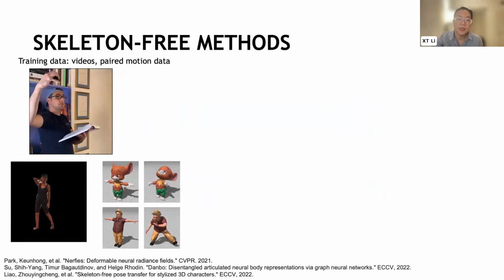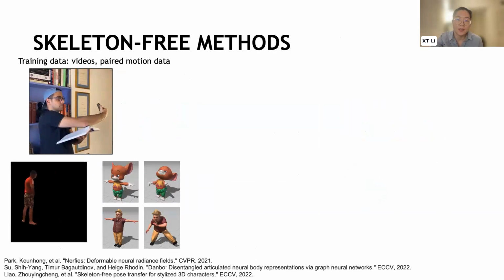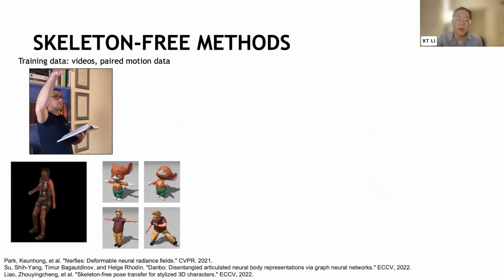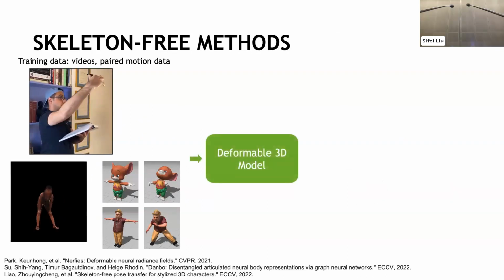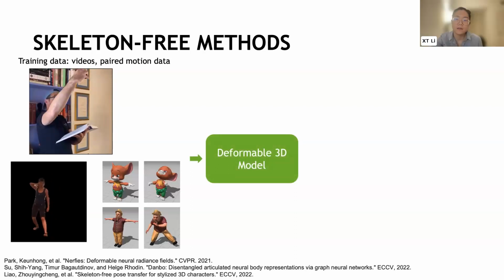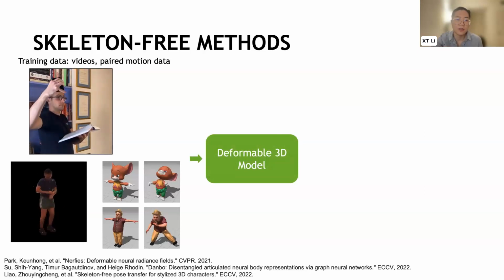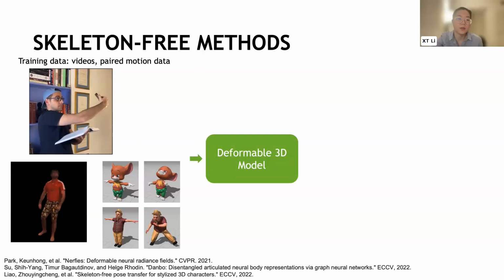On the other hand, recently, many works start to explore alternative representations beyond the mesh. So these models utilize implicit volume representations, and then they learn high-fidelity, realistic, animatable avatars. In these models, we are often provided with a video depicting the target subject. And then we can learn a deformable model with any kind of representation, such as a NeRF, SDF function, point cloud, or 3D Gaussians, together with a deformable field that can map the point from observed space to the canonical space.